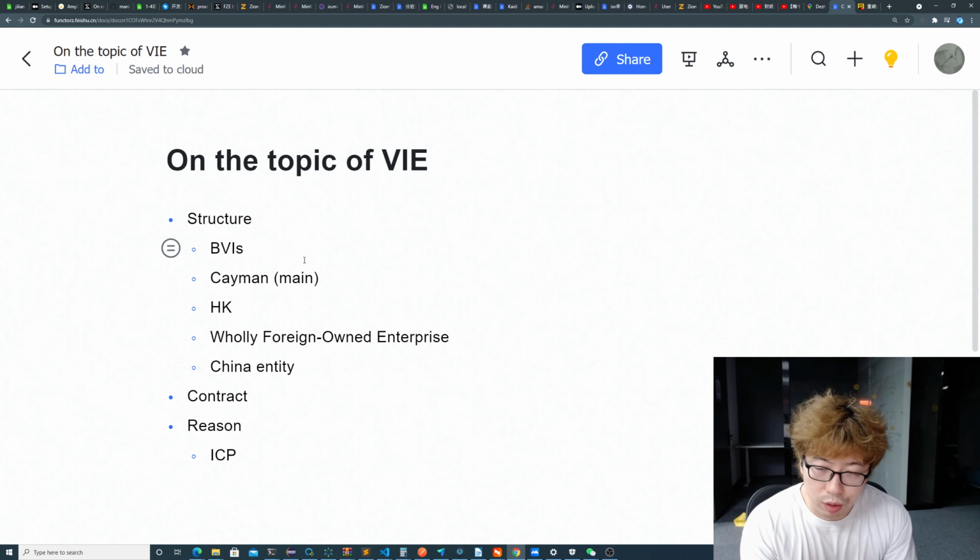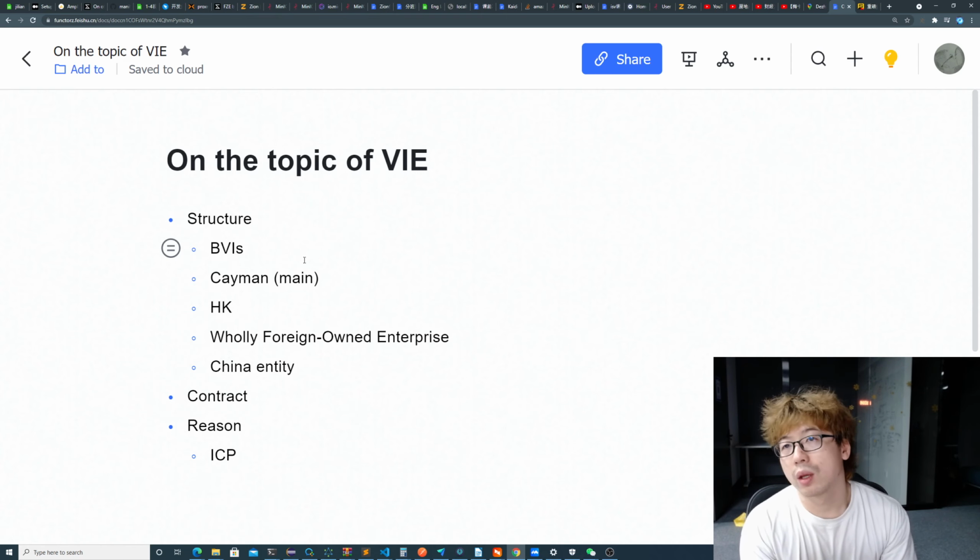And why is there a Hong Kong company in between Cayman and the WFOE in China? Well, also because of taxes, because there's a dividend tax preferential treatment treaty between Hong Kong and mainland China. So that's why.